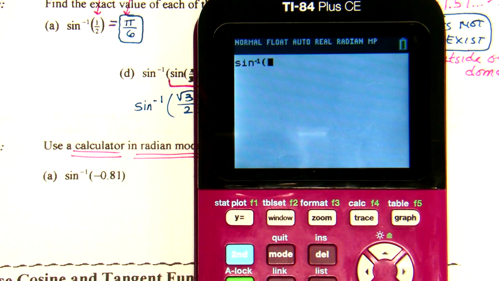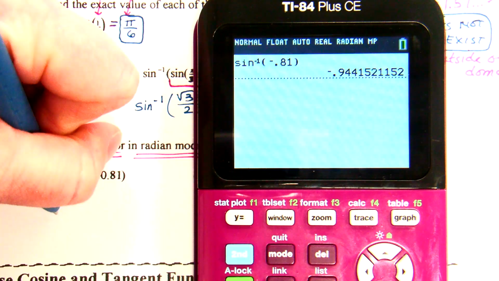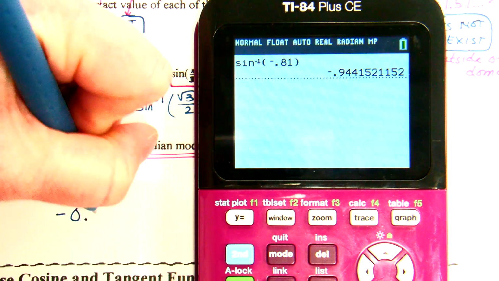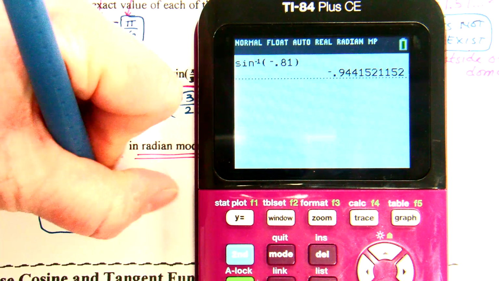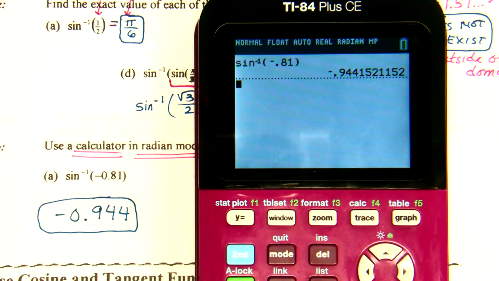Does your answer match my answer? I have written down 3 decimal places on my paper. So I have negative 0.944. Got it? I know, not a challenge to use the calculator here, is it?